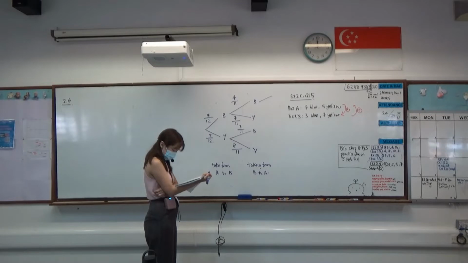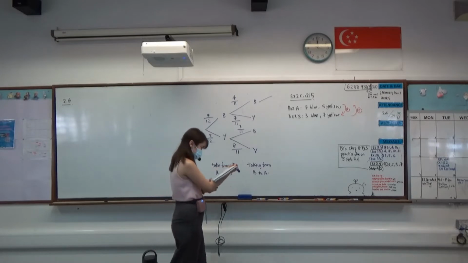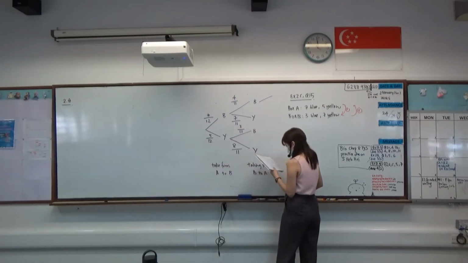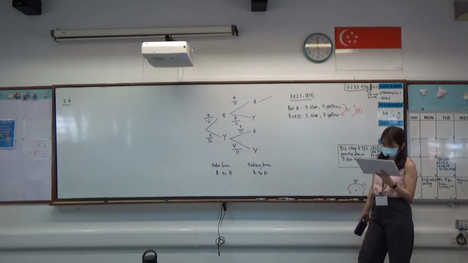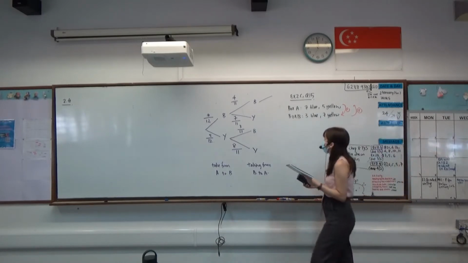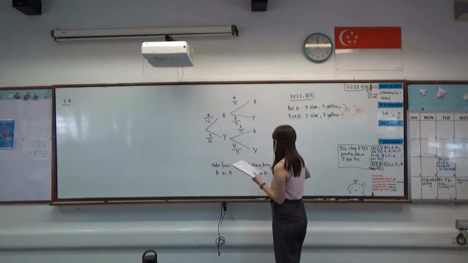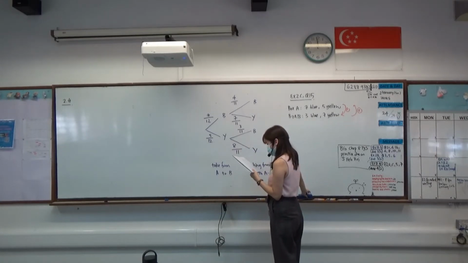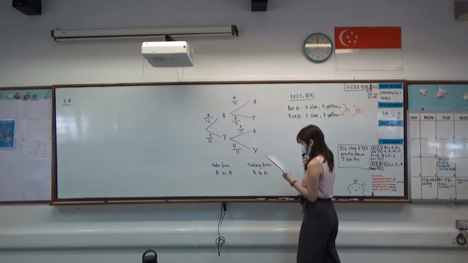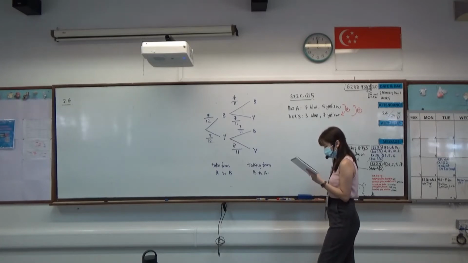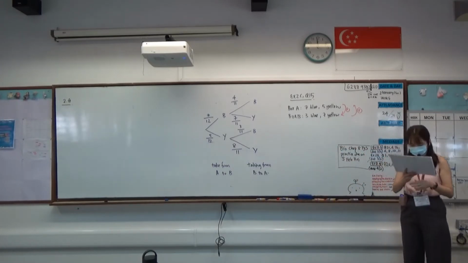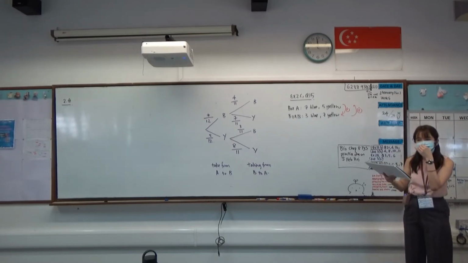Sorry, give me a moment over here. Find a worry that at the end of the experiment, box A has more yellow balls than blue balls. Is it right that we stop here? What are your thoughts?